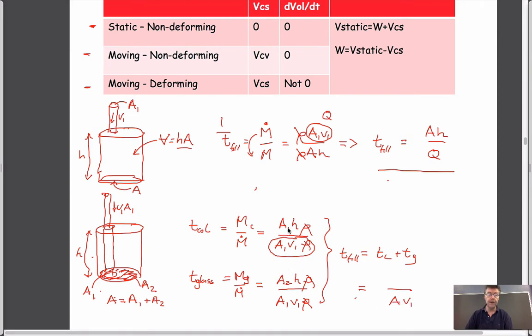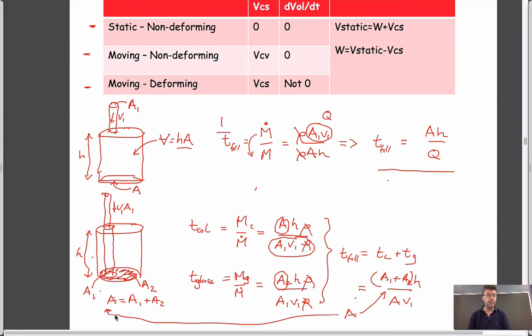But the numerator has the same multiplier, but it's equal to the sum of these two components. So A1 plus A2. And of course, A1 plus A2 is the same as being A, because of our definition here. And so, obviously they're equivalent because it's the same behavior.